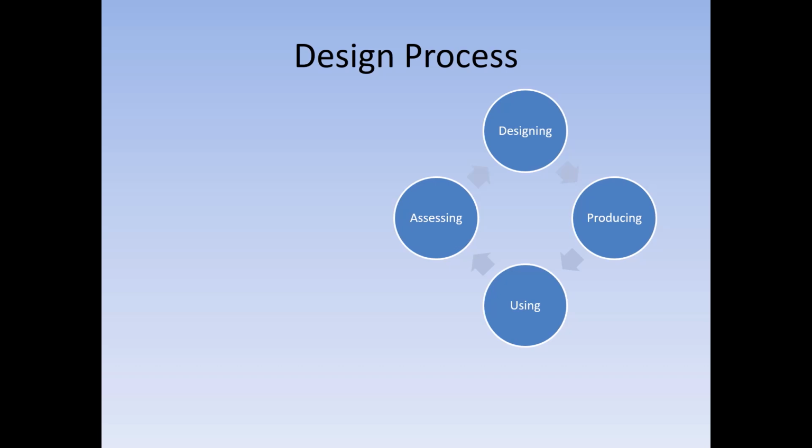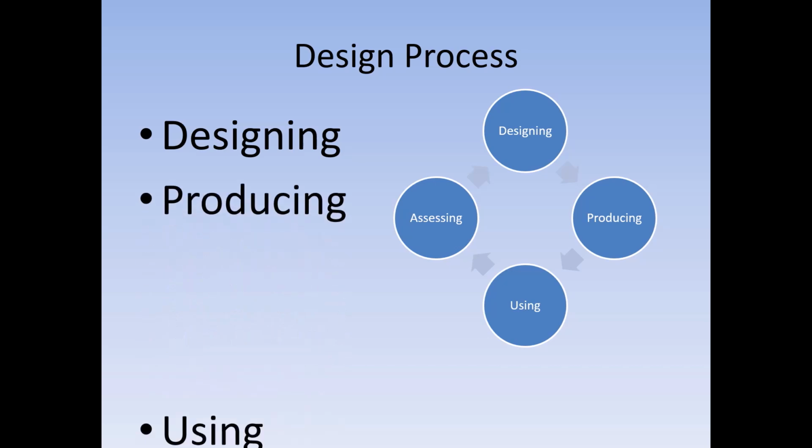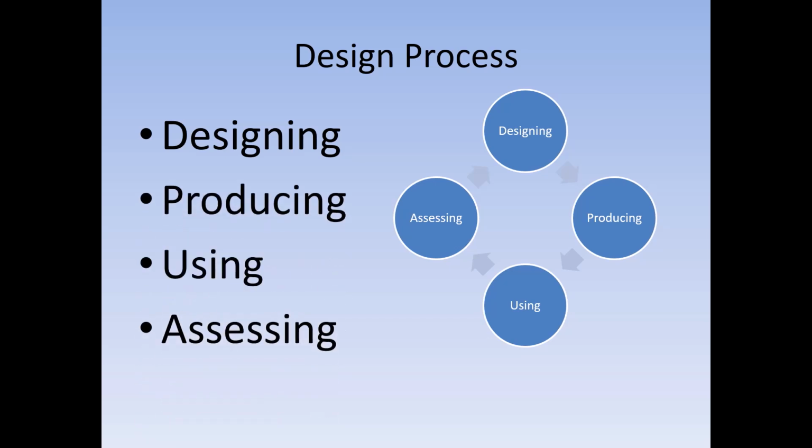But the design process uses our knowledge of various things to create and solve problems. And so it's made up of 4 steps, and we'll go over these first 4, and just like we've done before, I'm going to list them here. But I want you to make sure that you leave a line or 2 in between each one. So design, producing, using, and assessing. These are the 4 stages of the design process.